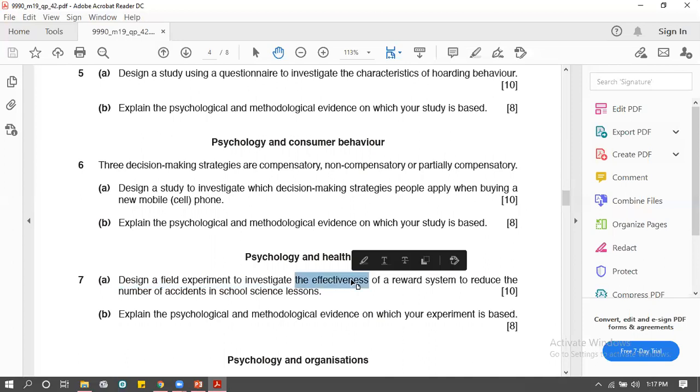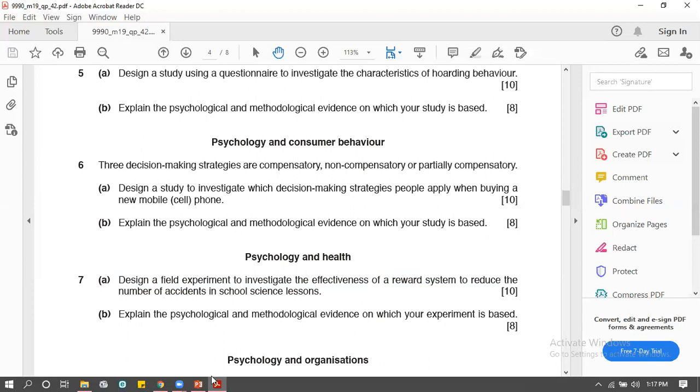For example, in abnormal psychology, let's suppose: design an experiment to investigate the effectiveness of, let's suppose, Miller's impulse control disorder therapy, to reduce the symptoms of impulse control disorder in people who have that disorder. Okay? So you want to find the effectiveness of the therapy.